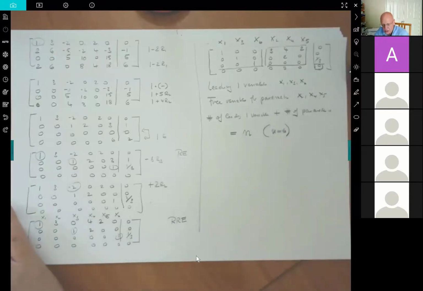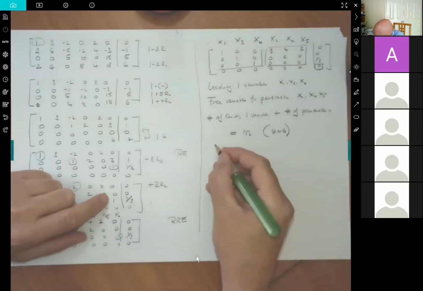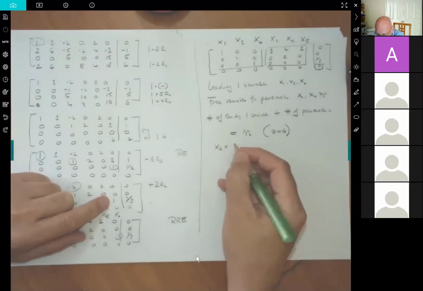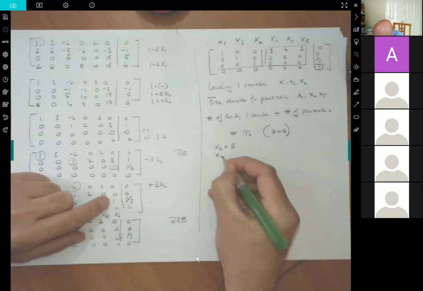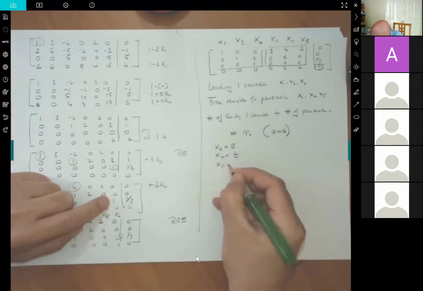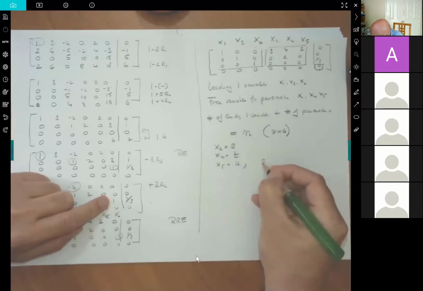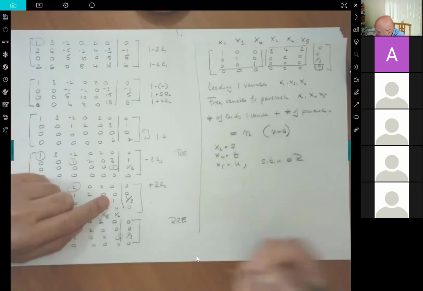And now we do our usual thing. We split it, we put in parameters. So parameters go to x2, 4, and 5. So let's say x2 is equal to s, x4 is equal to t, and x5 is equal to u, where s, t, and u are arbitrary real numbers.